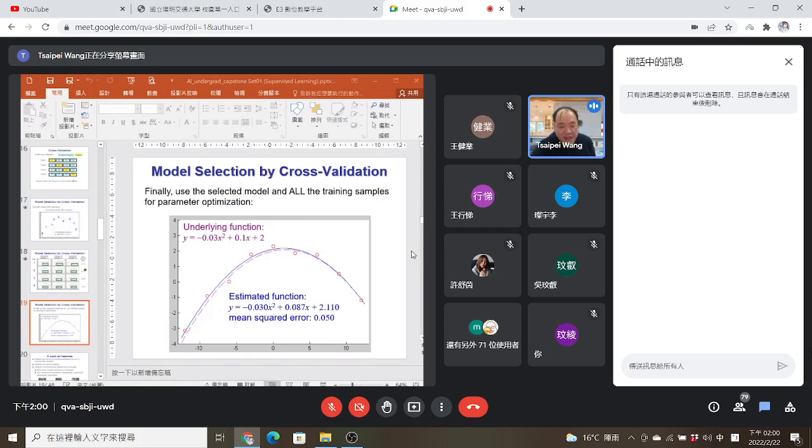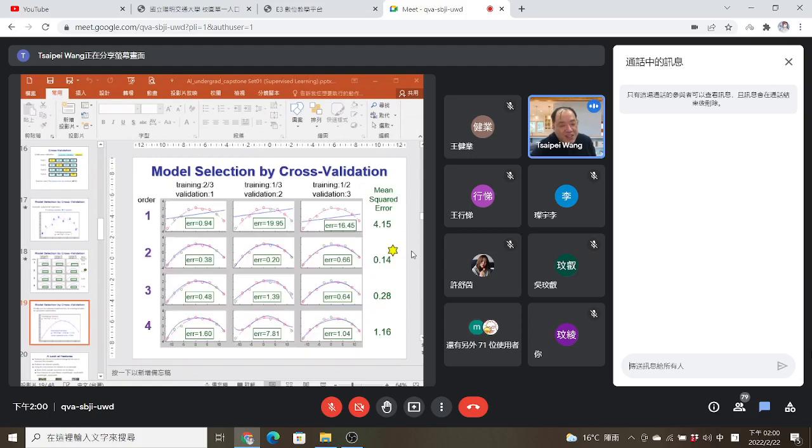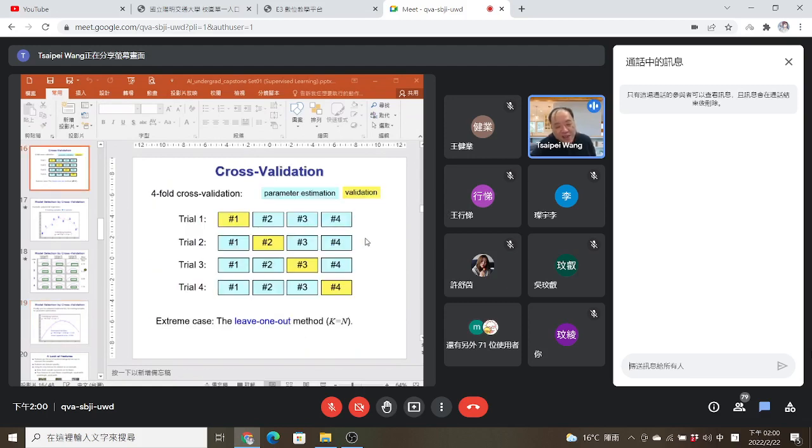Then with the hyperparameter determined this way, you come back to your data and use the whole training set to build the model with the selected hyperparameter. And remember this, because I was usually asked by students, I have these 4 models here, which one should I choose?